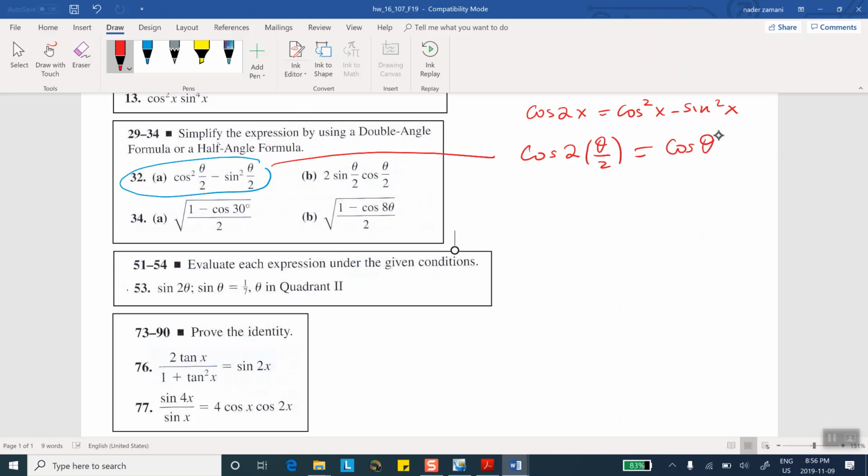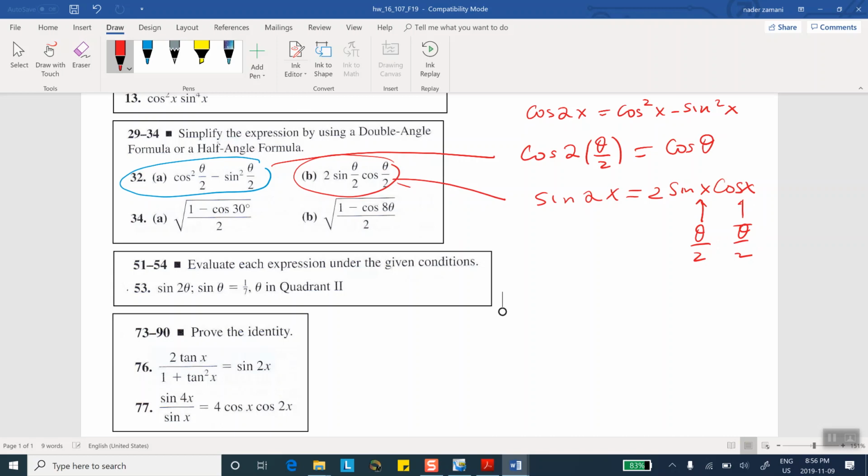That's it. Okay. When you look at this guy, we had a formula which says sine of 2x is equal to 2 sine x cosine of x. So when you compare these two, you can see that your x here is actually theta over 2.